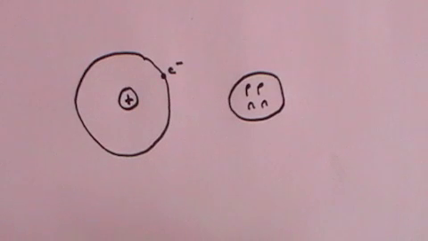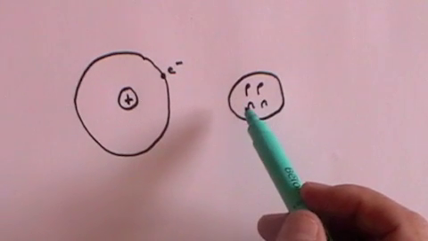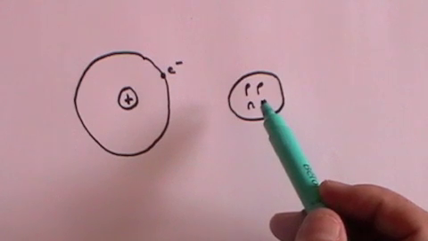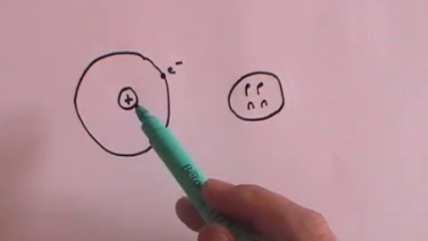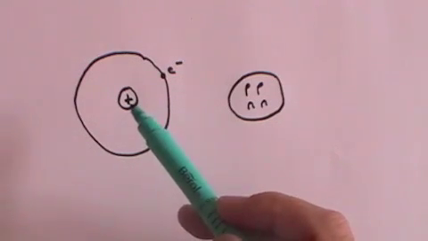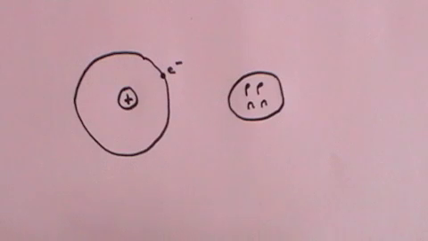Protons are positively charged, so they contribute to the positive charge of the nucleus. Neutrons have no charge at all and don't contribute to the charge, but the net charge on the nucleus is positive. And there are an equal number of positive charges, that is protons, in the nucleus, as there are negative charges, electrons, orbiting the nucleus.